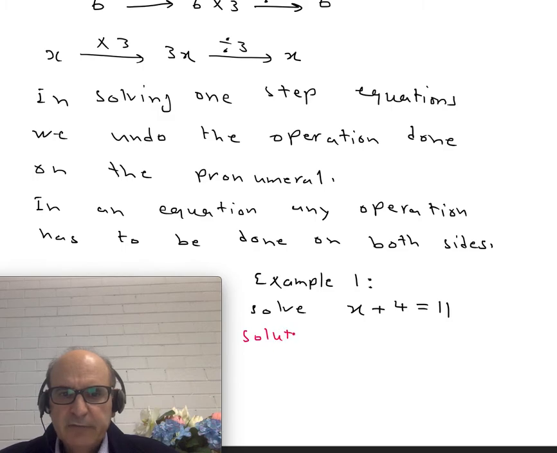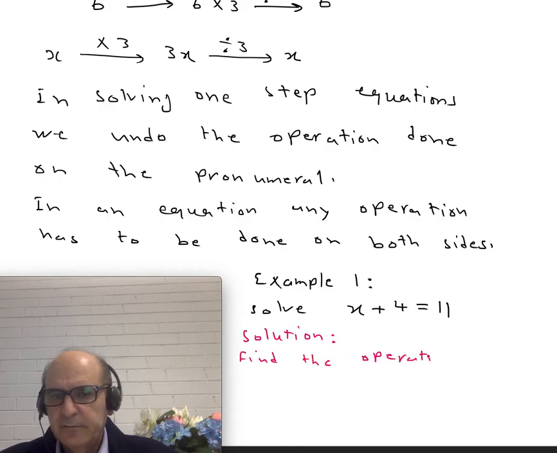So what we do, we look at what has happened to x. So find the operation on x. Okay, we see you have x. Look at the left-hand side. So we had x, then what has happened to that? We added 4 to that to end up with x plus 4.